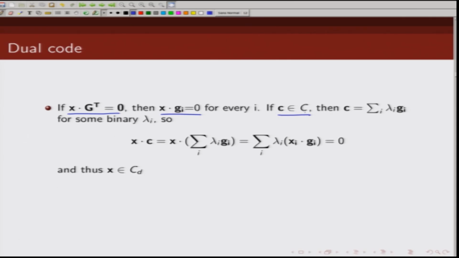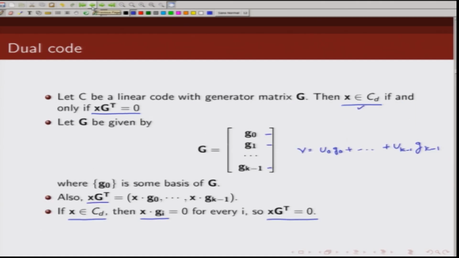So, if c belongs to the linear block code C, then c is essentially generated by linear combinations of these generator sequences, where these lambda i's are zeros and ones, because we are talking about binary codes. Now, note, what do we want to show? We want to show if X G transpose is 0, then X must belong to the dual code. And when will X belong to the dual code?